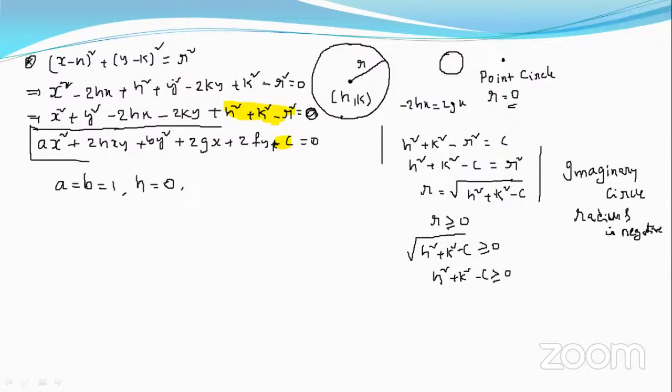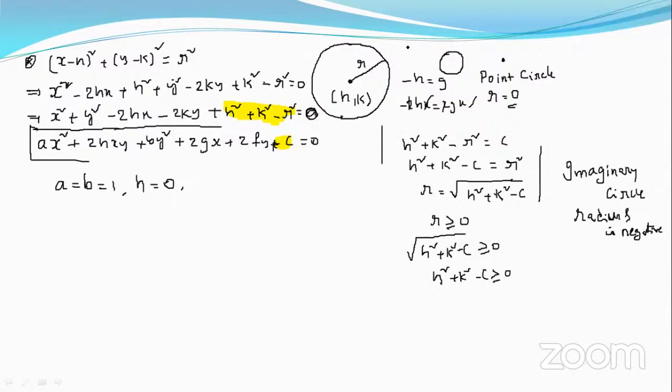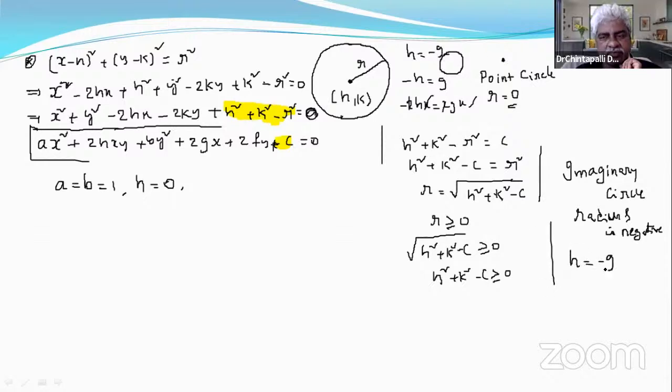X and 2 cancel. Minus h is equal to g, that means h is equal to negative g. Similarly, k is equal to negative f.